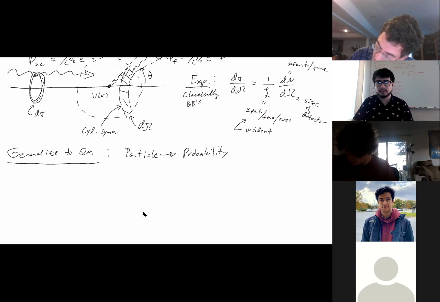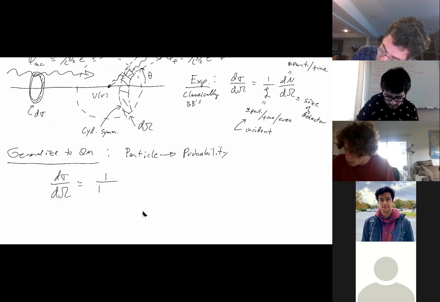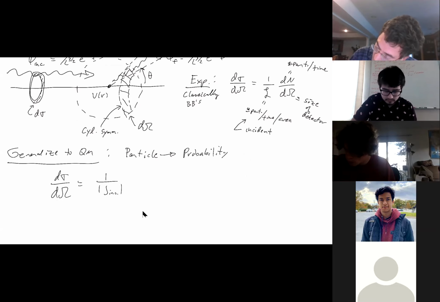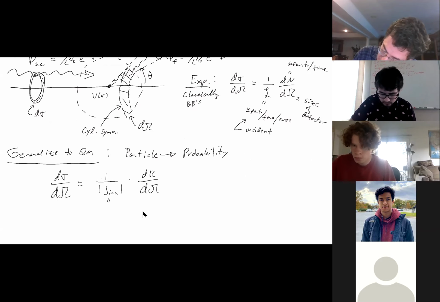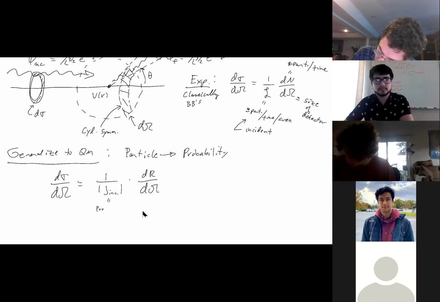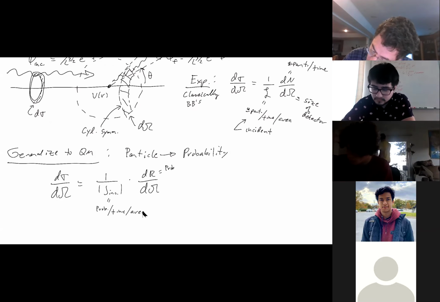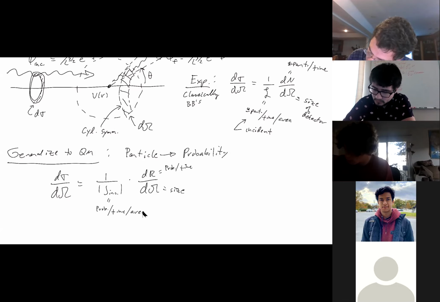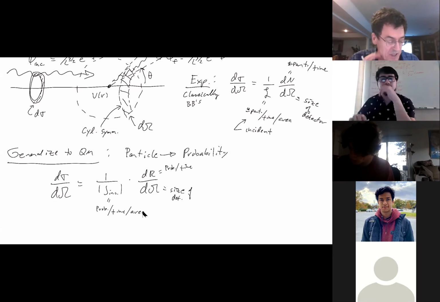In which case, we can say that d sigma d omega is equal to 1 over j incident times dR over d omega, where j incident is now just probability per time per area, and dR is, instead of particles per time, probability per time that goes into my detector, and d omega is once again the size of the detector. So everything is the same, except I replaced particle with probability.